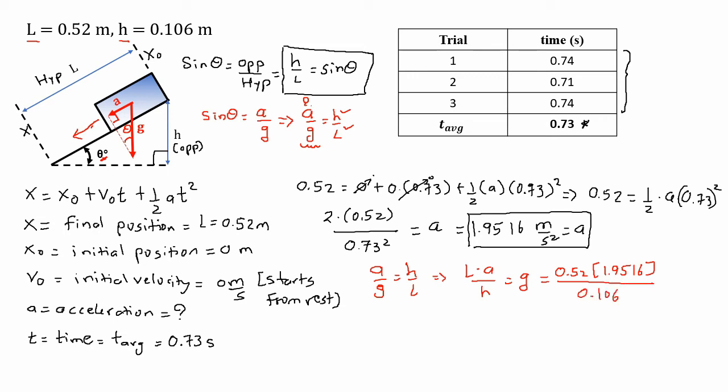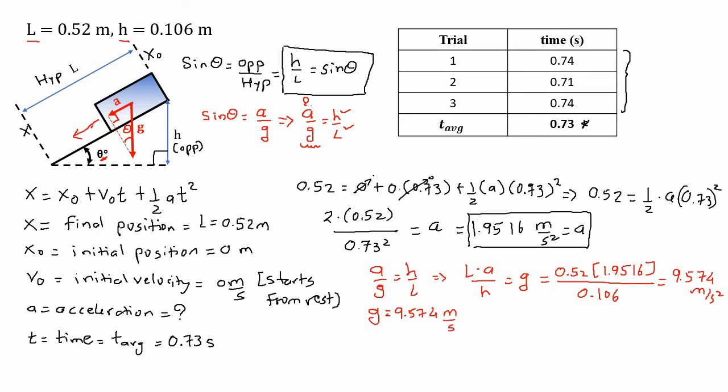Again, these H and L numbers are right here, as you see on the top left corner, and that gives me the value of G, 9.574. So in the experiment that we ran, it tells us that the gravitational acceleration is 9.574.